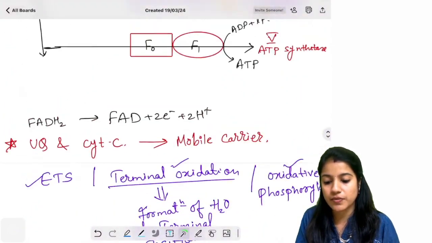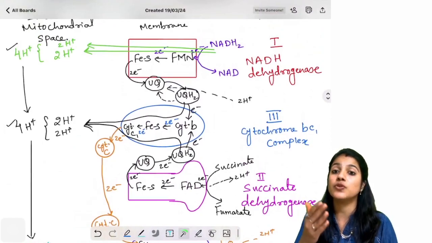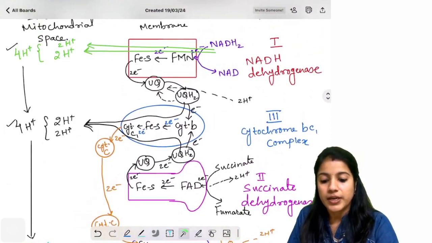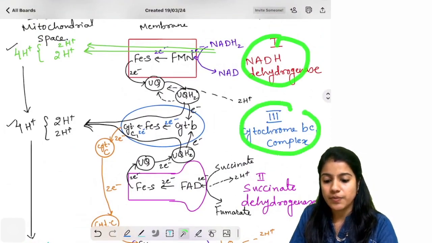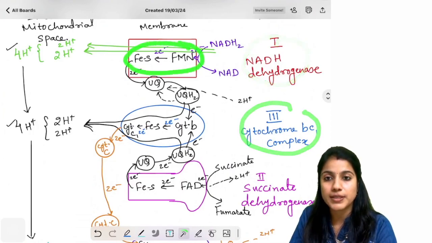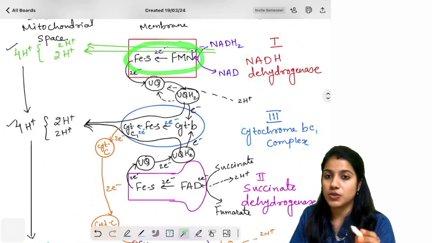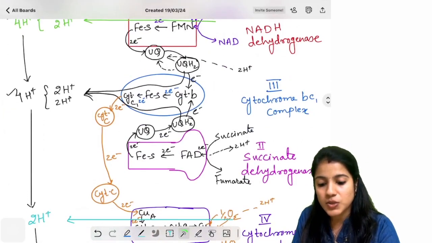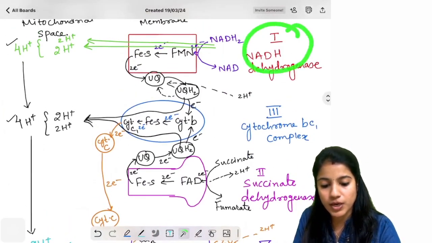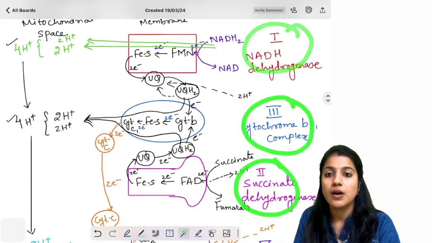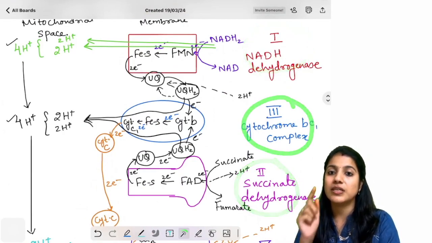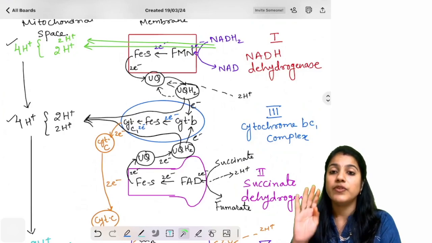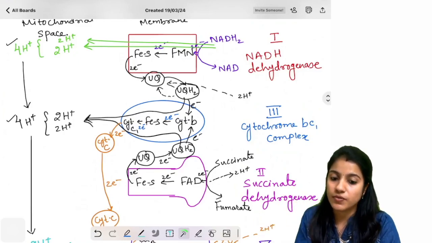Now, a quick revision of what we are supposed to remember. Name of the complexes, right? Components of the complexes. Then which complex is associated with which component? Complex 1, complex 2, complex 3 are all associated with iron sulfur molecule. Which complex is associated with copper molecule?